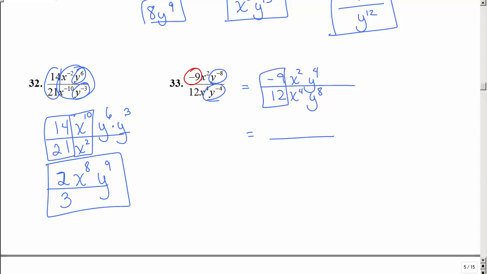But I can reduce that. That's negative 3/4. Now how do I reduce that? Since there's more x's on the bottom, I'm going to keep my x on the bottom and subtract 4 minus 2. There's more y's on the bottom, so I'm going to keep the y on the bottom and subtract 8 minus 4.